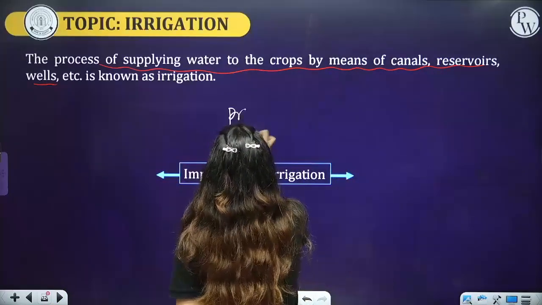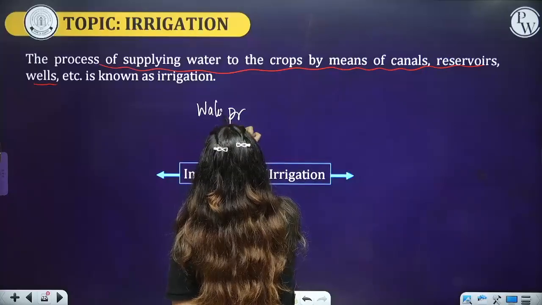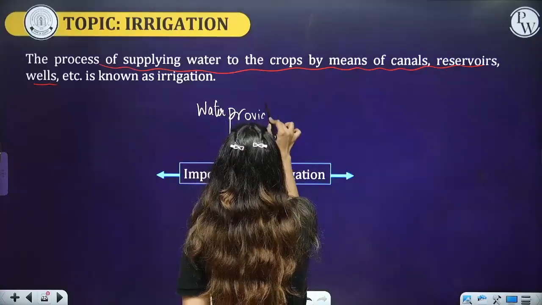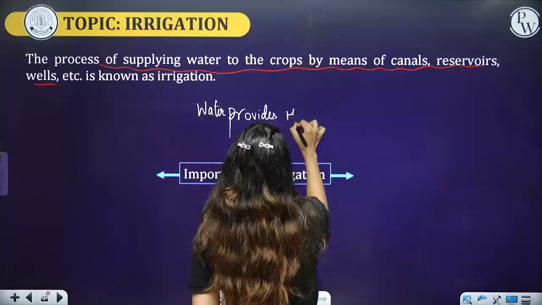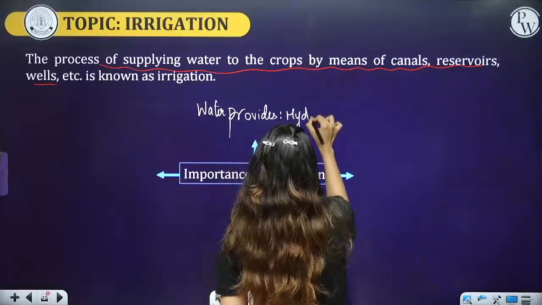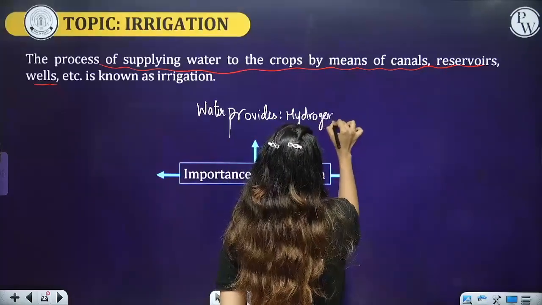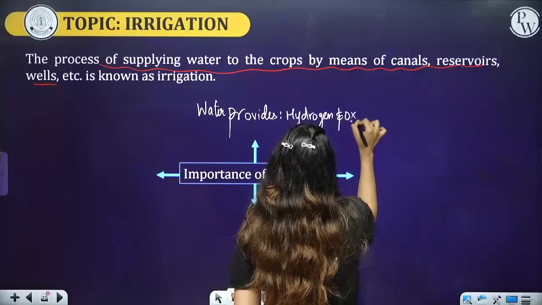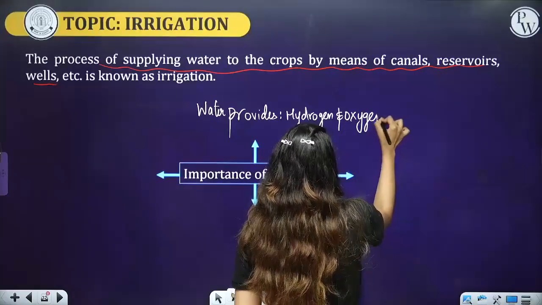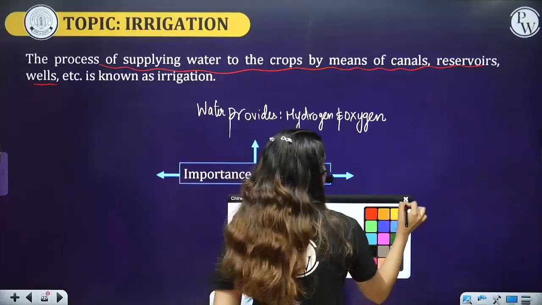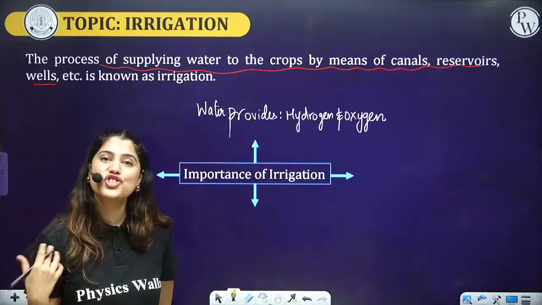So I can say water provides hydrogen and oxygen. What else, guys? What else is provided by water? So I can say water is also required for the germination process.